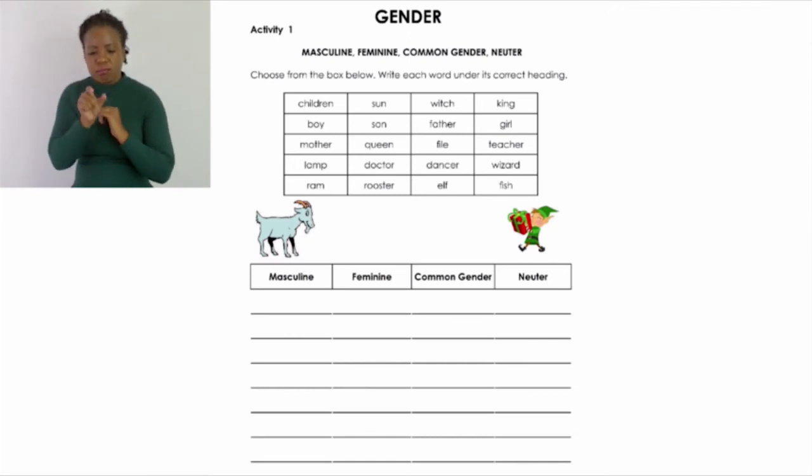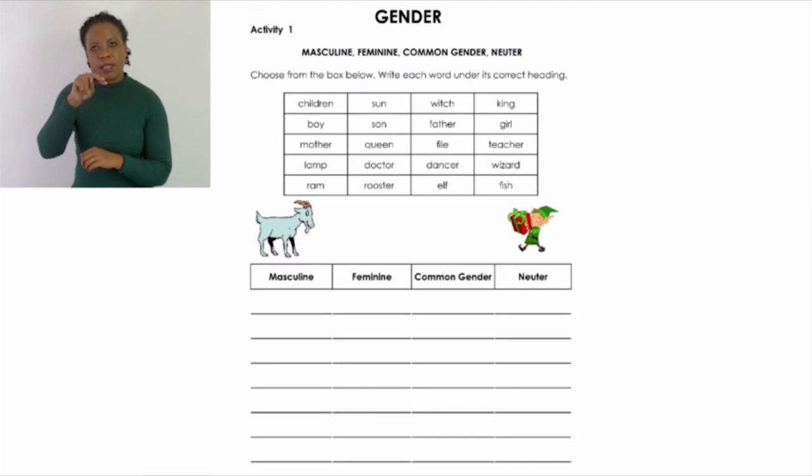For example, let me take mother. I will write it under feminine, right? Boys and girls, I want to understand that you still remember masculine, feminine, common gender, and neuter. So do the rest.